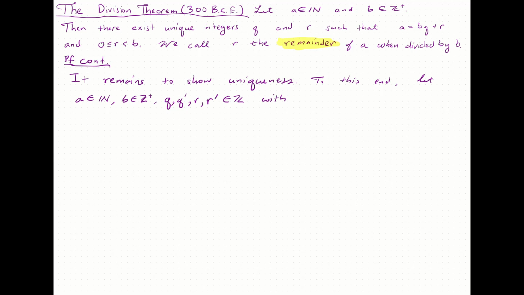We want r and r prime to satisfy the inequality 0 is less than or equal to r and r prime, and both are strictly less than b, such that we have the two equations a is equal to bq plus r, and a is equal to b times q prime plus r prime. And what we want to show is the uniqueness portion. So we want to show that both q is equal to q prime and r is equal to r prime.